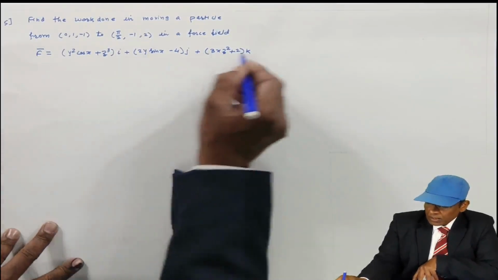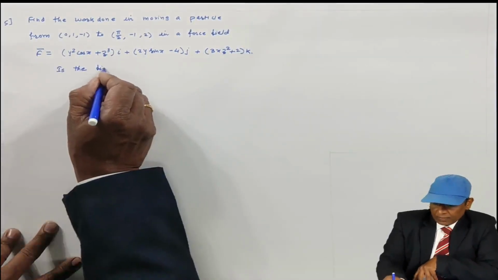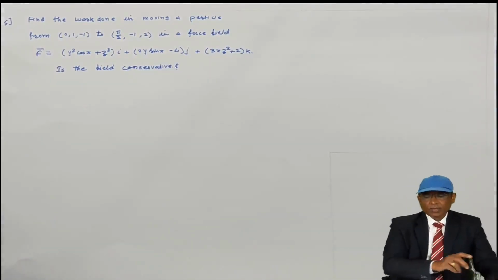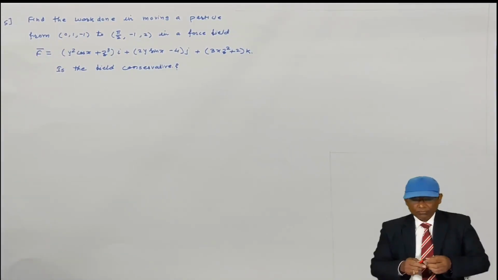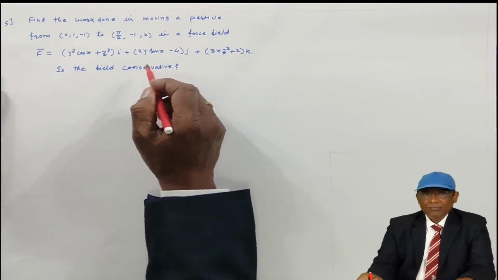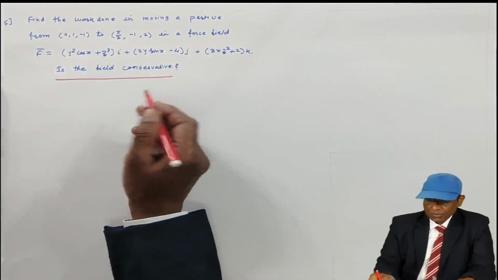And one more question is asked: is the field conservative? Find the work done in moving the particle from this point to this point in the force field F(r) given.